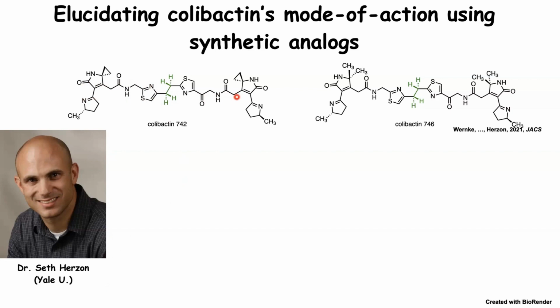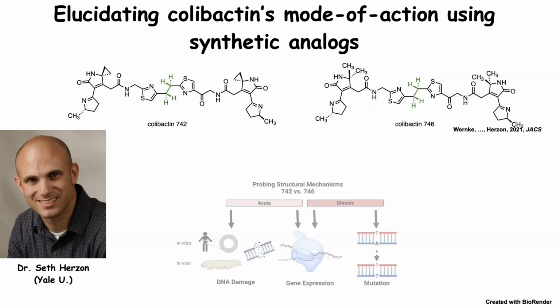They are chemists, so they were able to synthesize a molecule that is really similar to colibactin, or identical to the predicted structure, with the cyclopropane motif here. And we had a negative molecule where the cyclopropane is replaced by methyl groups. So this one is predicted to be inactive because the only difference is the cyclopropane is missing compared to the active one. And with that, we could study structure-function relationship.